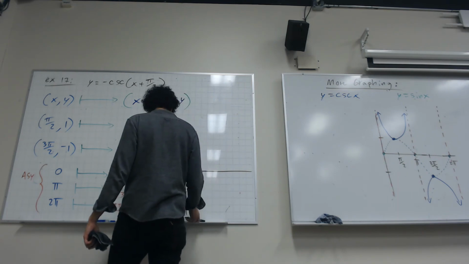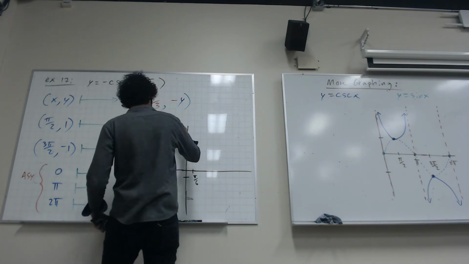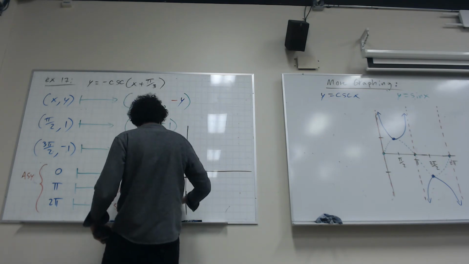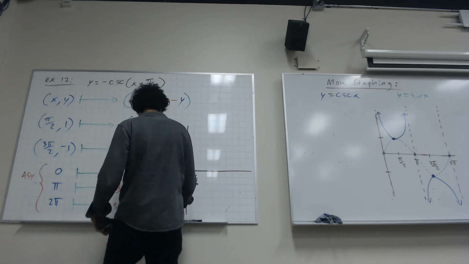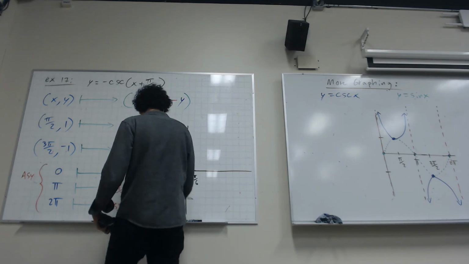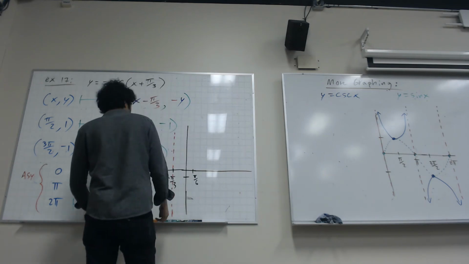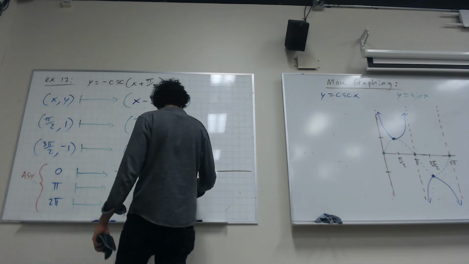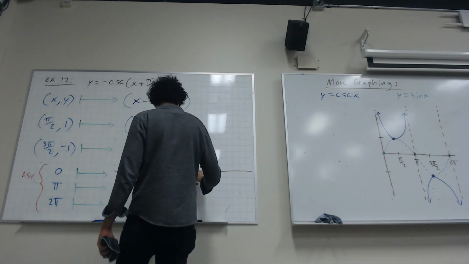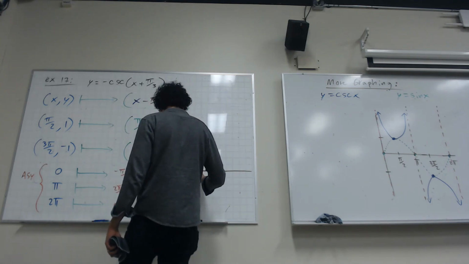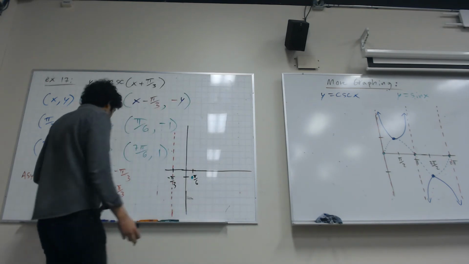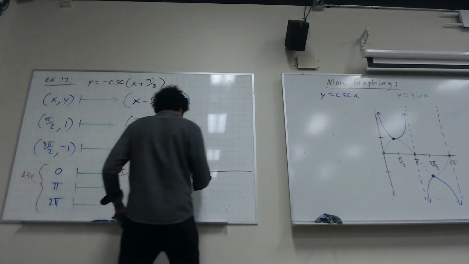So I got asymptote, point, so pi over 6 is negative 1, followed by asymptote at 2 pi over 3.